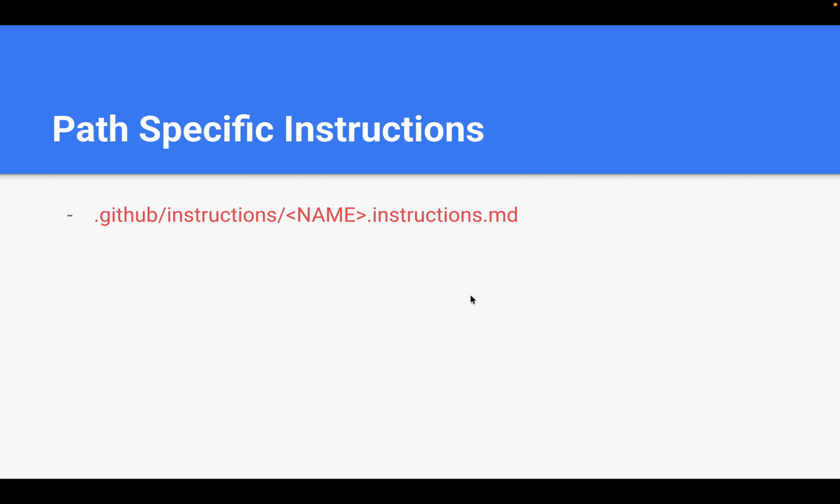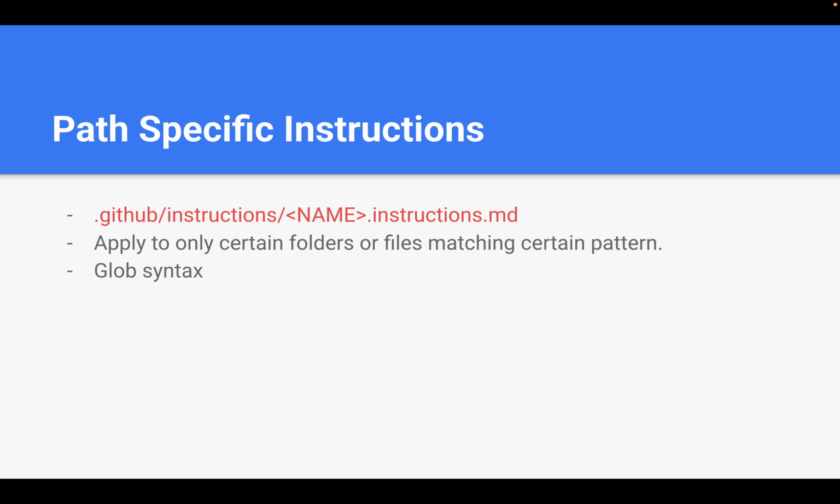For the path specific instructions, as we saw, you can name the file frontend.instructions.md or backend.instructions.md, and these will be applicable only to the certain folders or files that match a certain pattern. Here they use the glob syntax, which is also used in your normal .gitignore file.